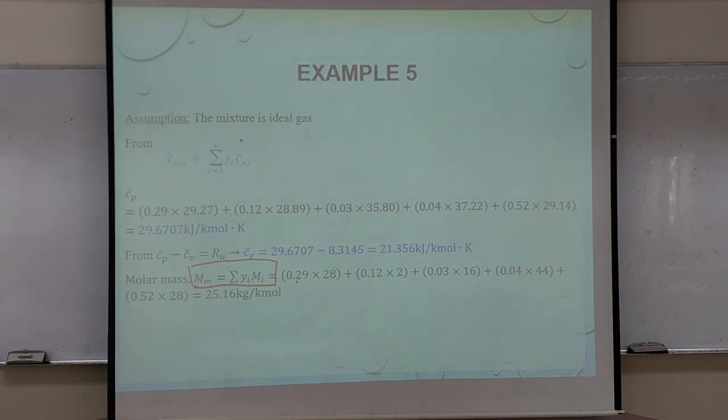If you want to find, let's say, total mass over total mole, that is still acceptable. Like you assume 1 kilomole and find out the mass. If that's all you remember, just do that, it's fine. But here we use the equation whereby we use mole fraction multiplied by individual molar mass, and that gives you the molar mass of the mixture. Once you get the molar mass of the mixture, you just need to divide the CP bar and CV bar by the molar mass, then you will get the CP and CV.